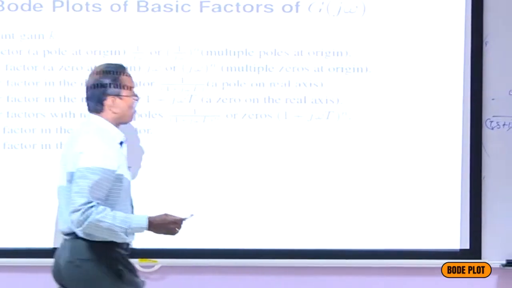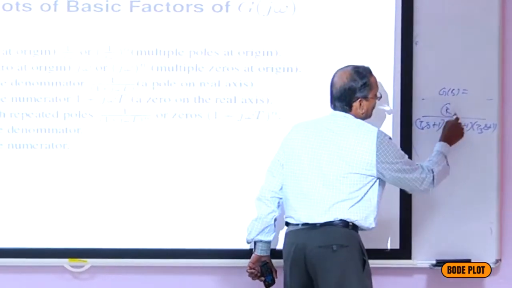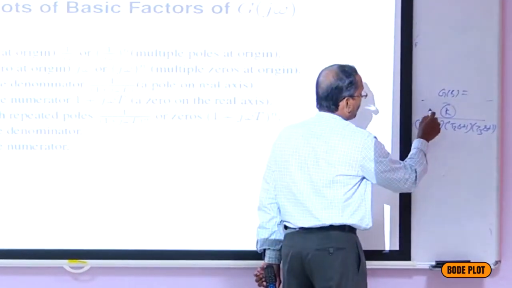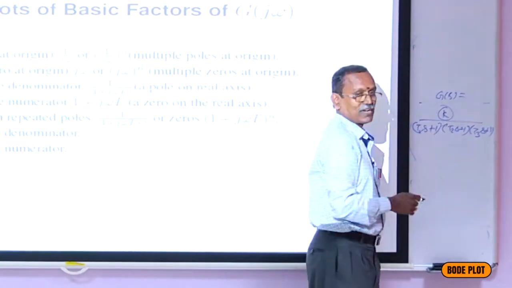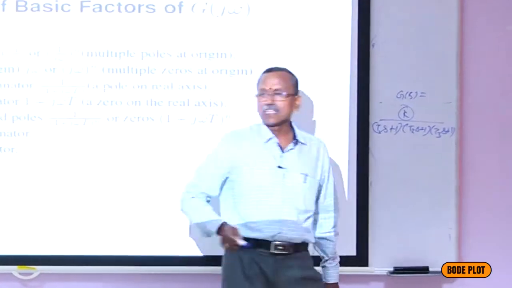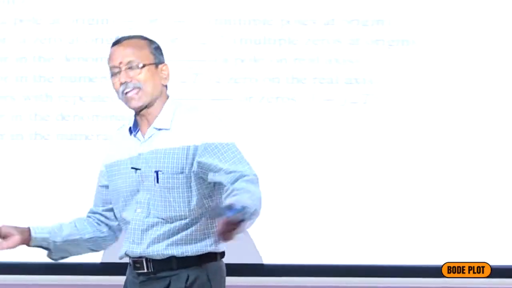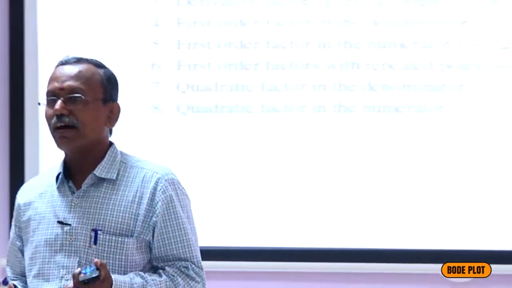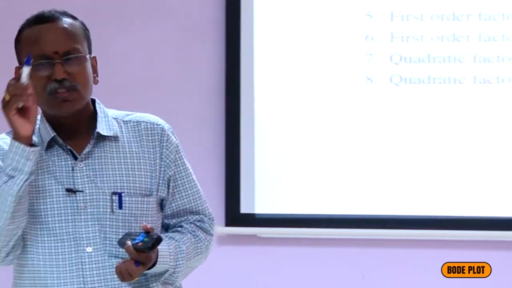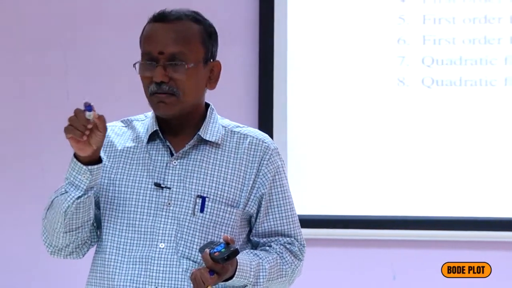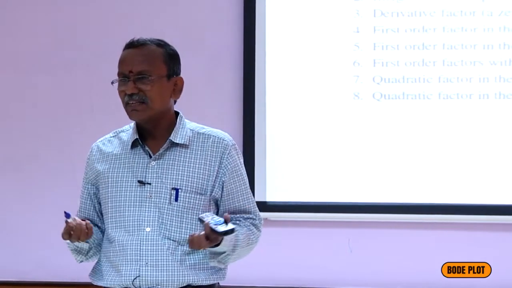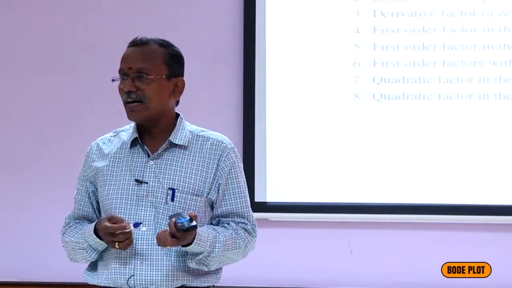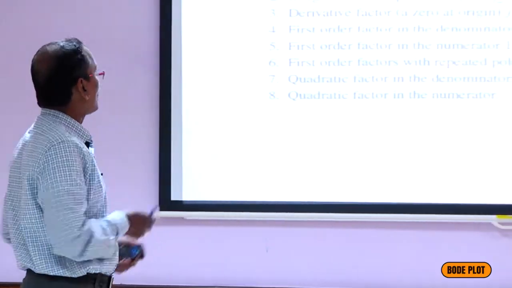If I know the Bode plot for K separately, and for 1 by tau 1 S plus 1, similarly 1 by tau 2 S plus 1, and 1 by tau 3 S plus 1, graphically all can be added, because both magnitude and the x-axis are in logarithmic scale. Multiplication becomes addition. That is the advantage of the Bode plot.